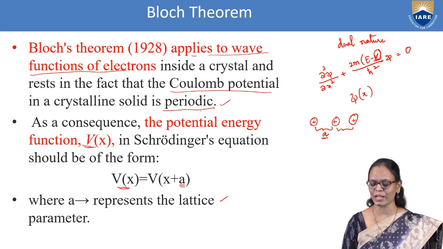Whatever the potential at this point is, it will be the same after a distance A. So that is the meaning: V at x is equal to V at x plus A, where A is the lattice parameter.